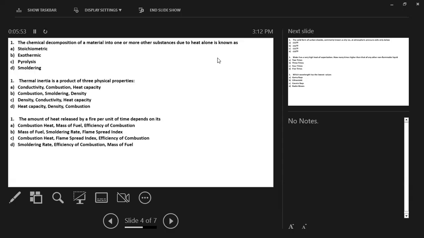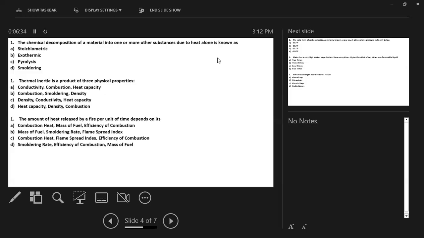The material undergoes heat, and whenever a material undergoes heat, what happens? It changes its state. And a professional is the one who understands what byproduct it is always going to produce. So that is the process of pyrolysis. In pyrolysis only we tend to know what the byproducts are. From the byproducts we can know that this material is going to give me a byproduct, and that byproduct is a toxic vapor that is going to be dangerous for my people. So it doesn't mean that I'm only going to provide extinguishing for the flame. Now I need ventilation to make sure that the byproducts are also cleared out, right? So that is pyrolysis.